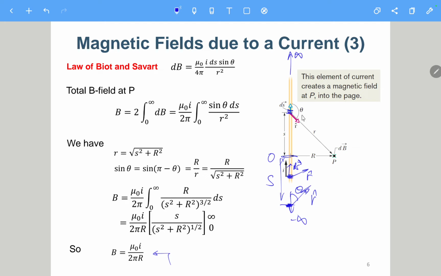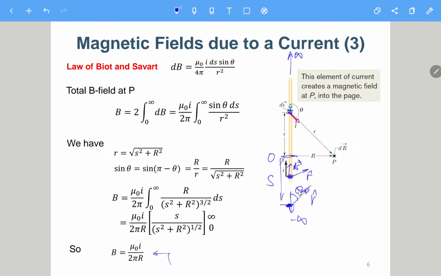These two thetas add up to be 180 degrees, because if this is s, this is s, these two triangles are the same thing, which means that this angle and this angle are the same.